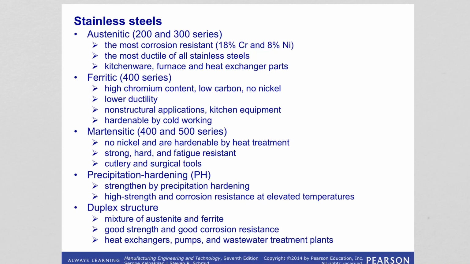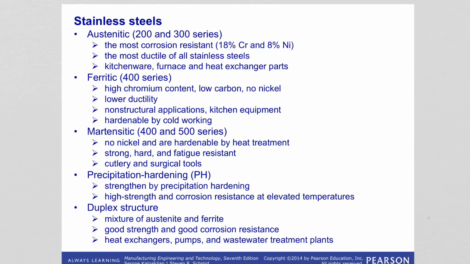The first one is austenitic stainless steel, 200 and 300 series. This is the most corrosion resistant stainless steel, with 18% chromium and 8% nickel. Of course, as you remember, nickel, having the same structure as austenite, supports austenite formation.